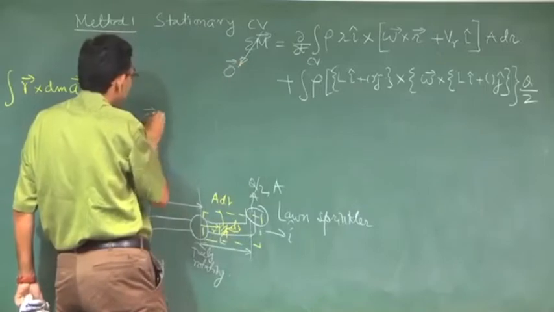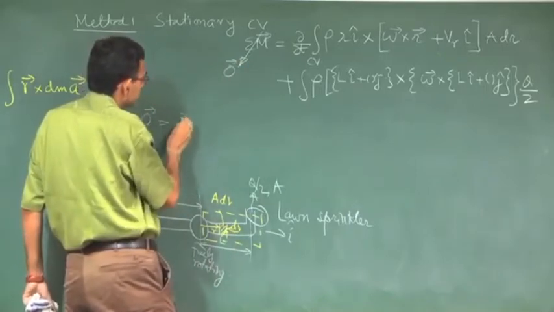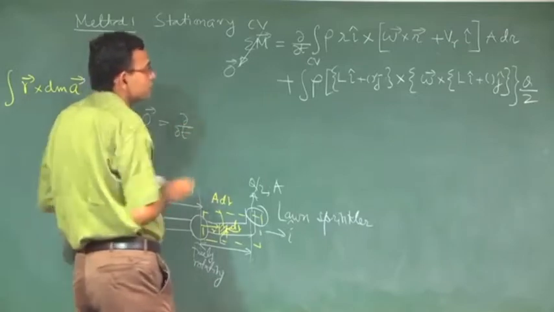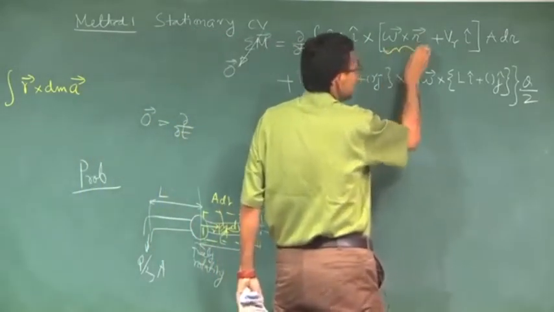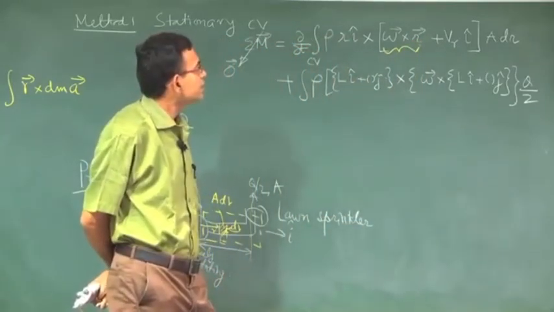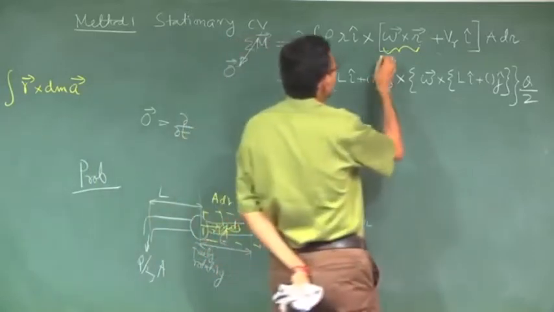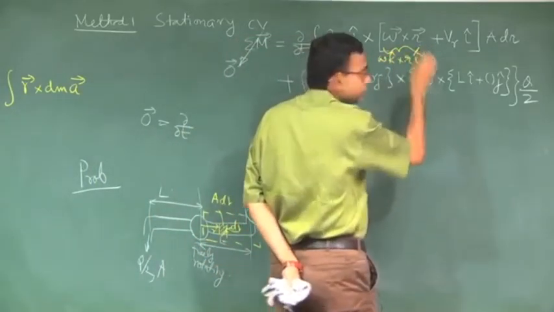So null equal to, let us write this, this is omega k cross Ri, right.